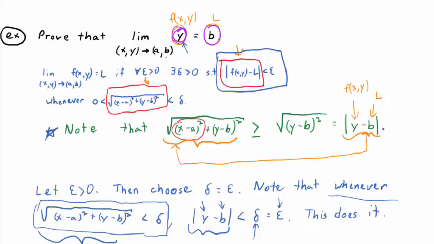Because all it looks like we did was input (a, b) into the function f of (x, y) equals y, and of course you're just going to get b. In other words, we showed that this limit is equal to f of (a, b), which is just b in this case. We showed that y is a continuous function, whether you think of it as a one-variable function or a two-variable function.